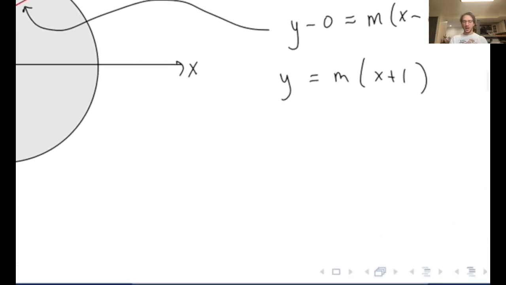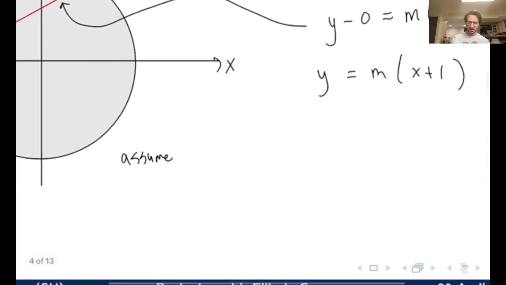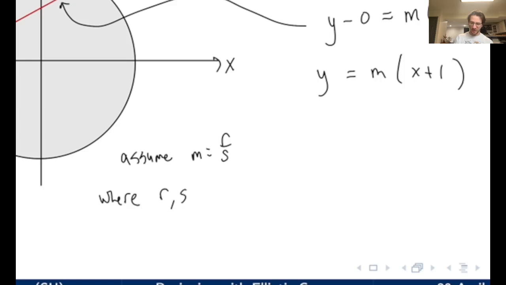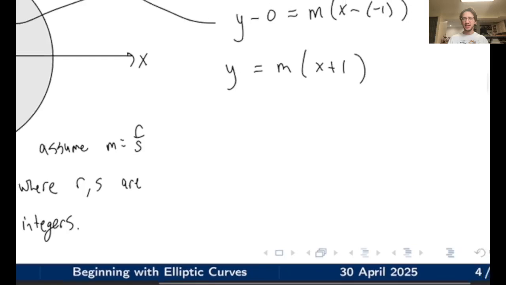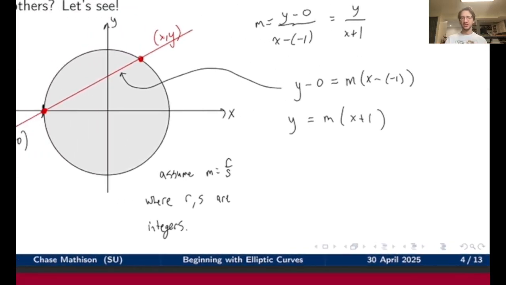And I'm going to assume the slope is rational, which will force the point of intersection of this line with this circle to be rational. So assume m equals r over s, where r and s are integers. I'm just going to leave it as m because in a second there are going to be so many r's and s's that I don't want to write that out.